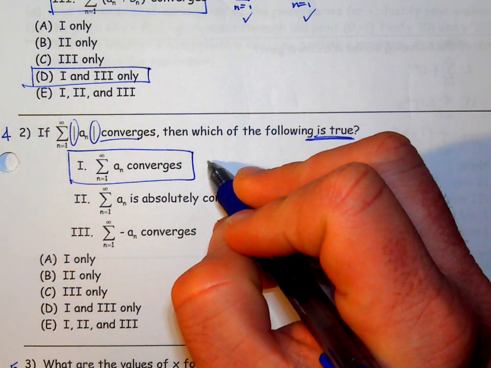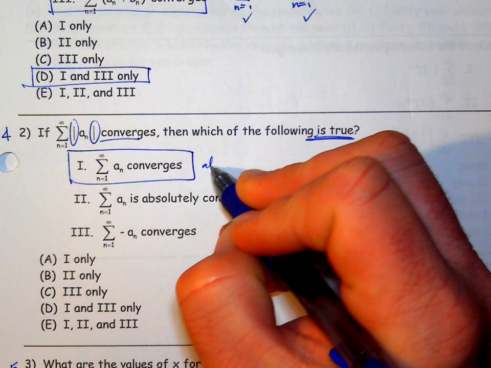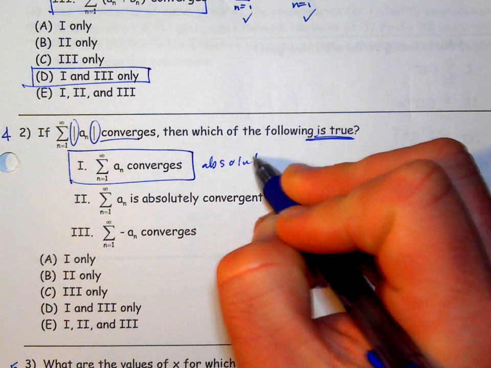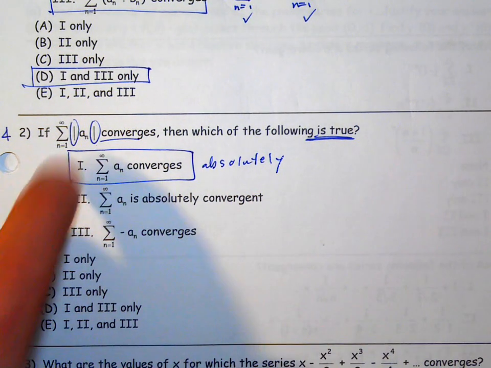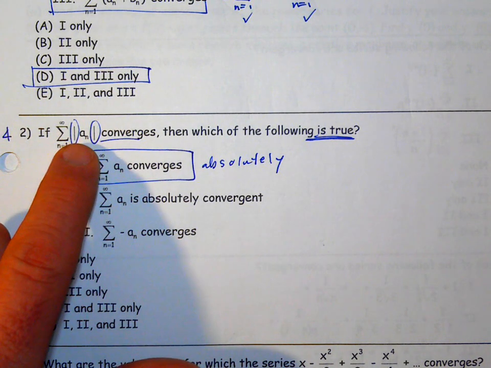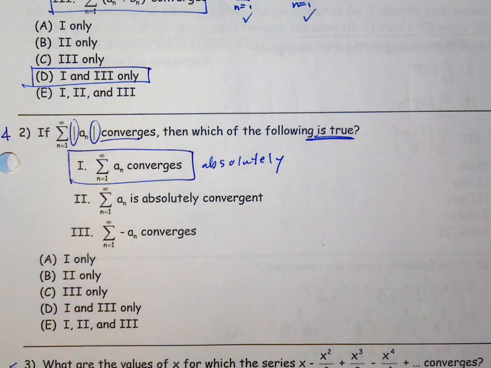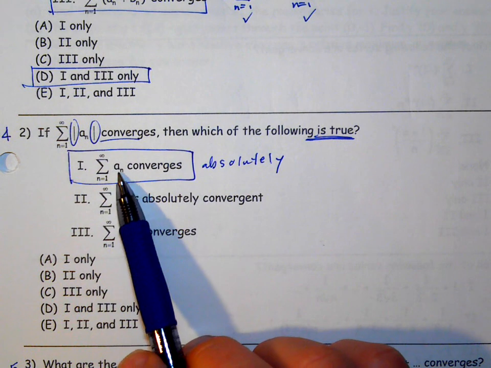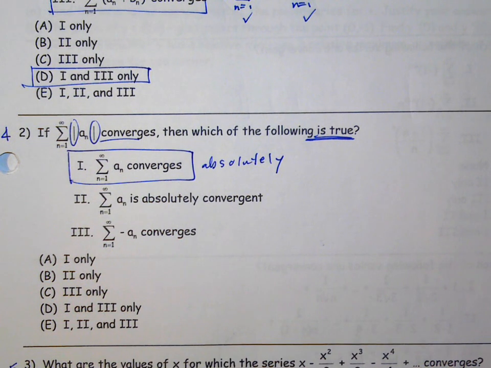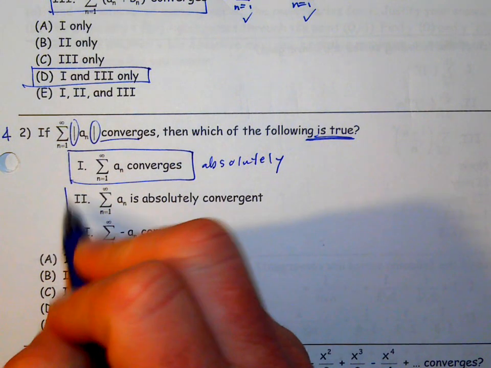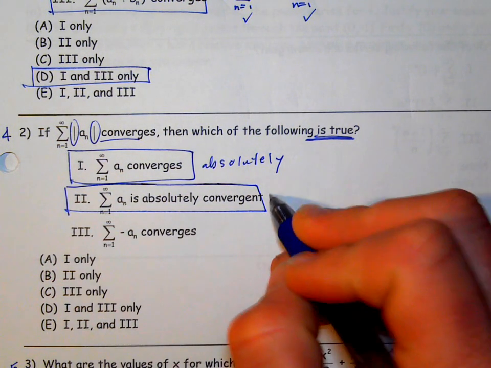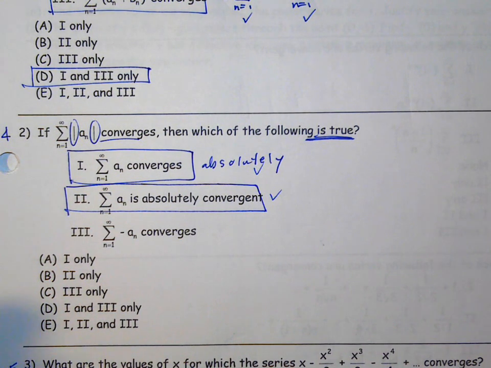So this converges absolutely. If you make all the positive and negative terms all positive and it doesn't diverge, then taking the absolute values away, it will for sure converge. It is absolutely convergent. That's just another term for that.